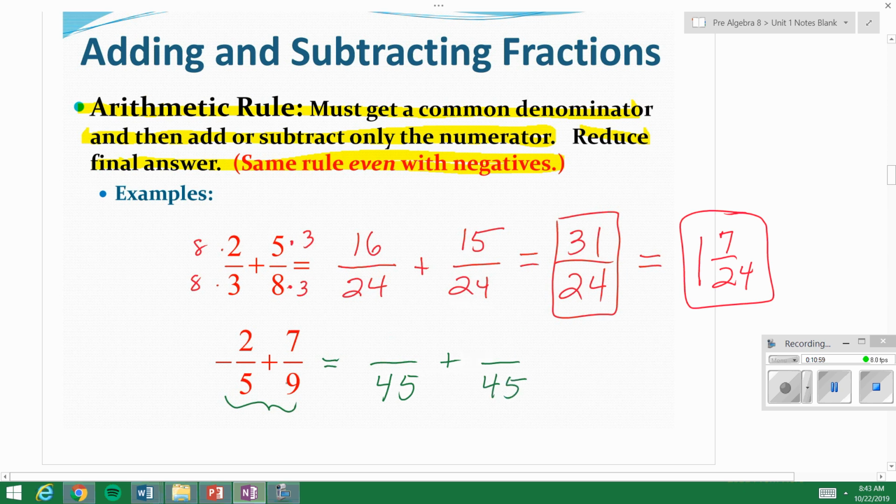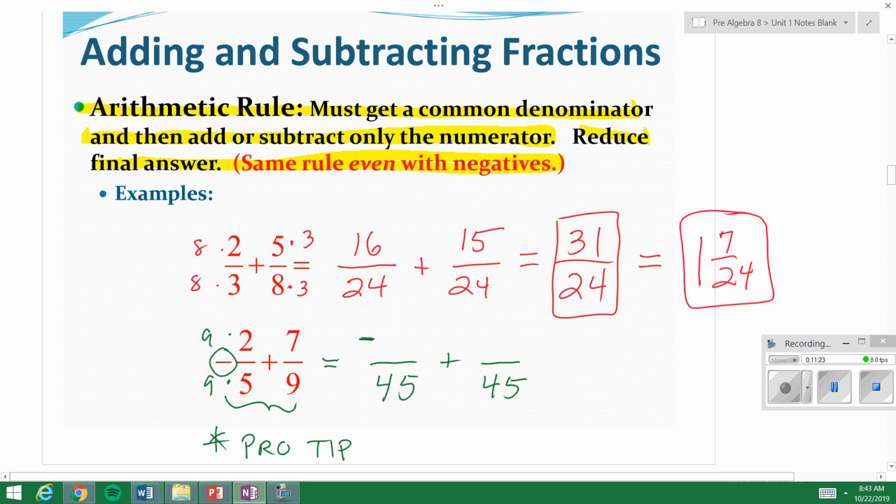But recall, when I do that, this fraction was negative. So when I multiply it times 9 as well, as a pro tip, let's put that negative sign up in the numerator. That's not a rule that you're going to read in any math textbook, but this is a pro tip.